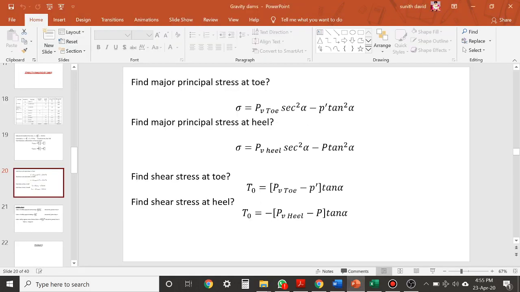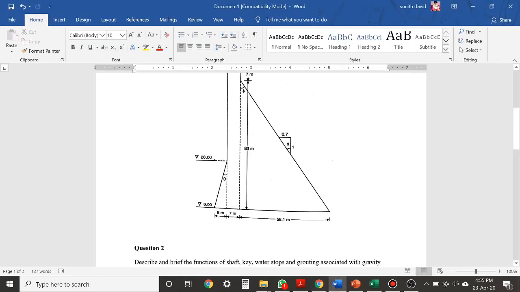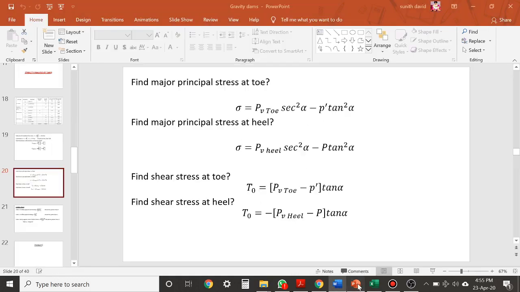That is the case of heel. While you take the case of the downstream side, you have to find this particular angle that is same as phi, and you have to put that angle phi for the calculation here.